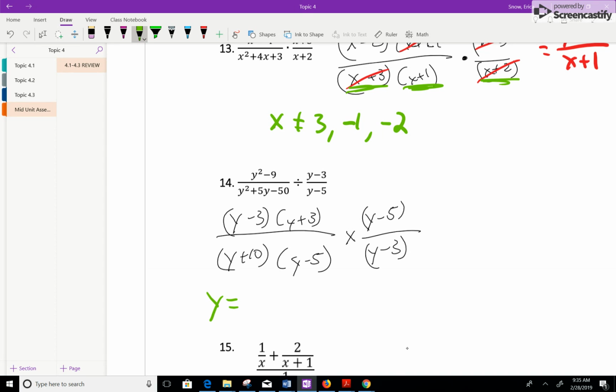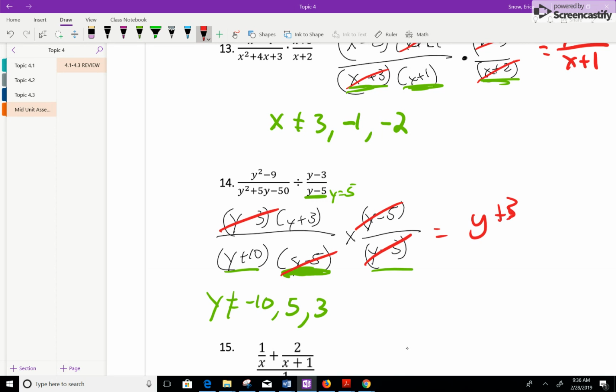Y cannot equal -10, 5, or 3. And then I would also look at this one, and that one says that y can't equal 5 either. But we already have that down here. So it's fine to just leave that in once. Now we will simplify y minus 3, y minus 3, y minus 5, y minus 5, and our simplification is y plus 3 over y plus 10.